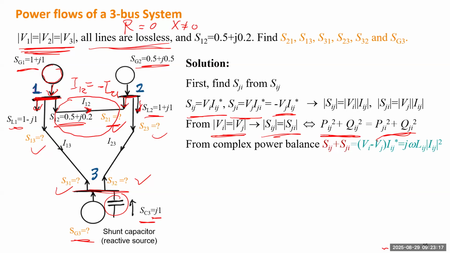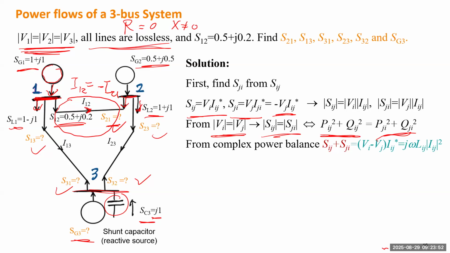So basically, we treat the complex power of the line as a load, and we put it on the right-hand side, and the complex power sent into the line will be the source on the left-hand side. So the complex power into the line will be two items, right? From the left terminal and from the right terminal. So it will be Sij plus Sji. And the complex power consumed by the line will be the voltage drop along the line multiplied by the current of the line, conjugated.